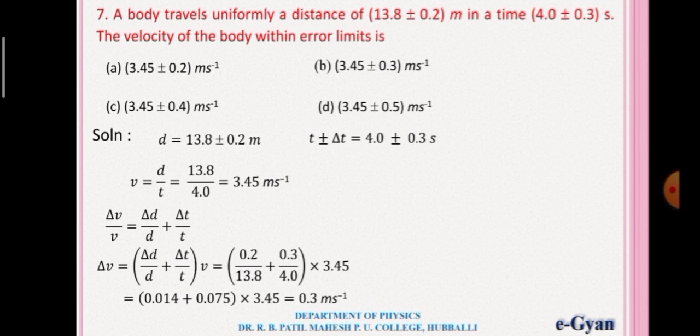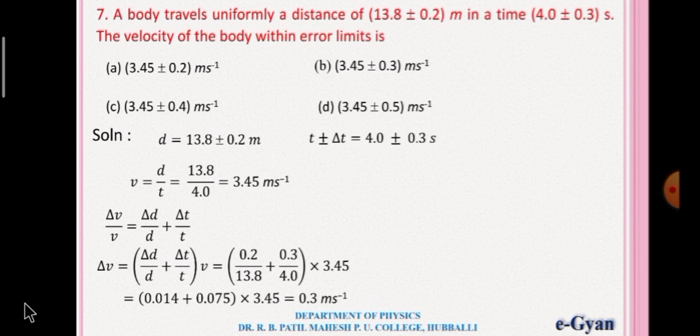Okay, after simplifying this, that is 0.2 by 13.8 gives us 0.014 plus 0.3 divided by 4.0 gives us 0.075 into 3.45. Okay, after simplifying this, we get 0.3 meter per second.